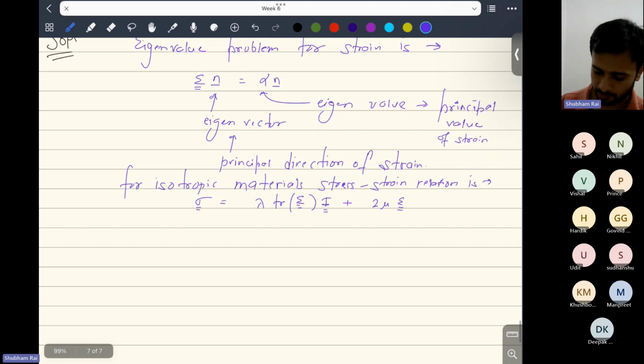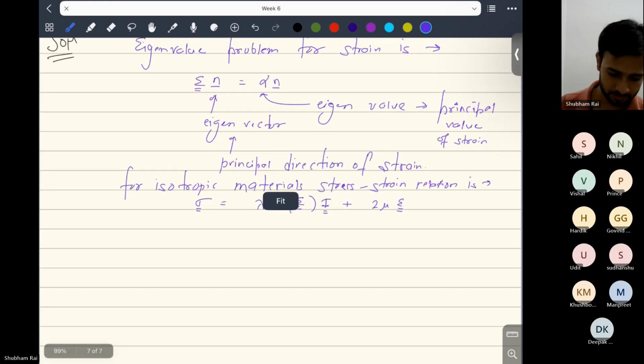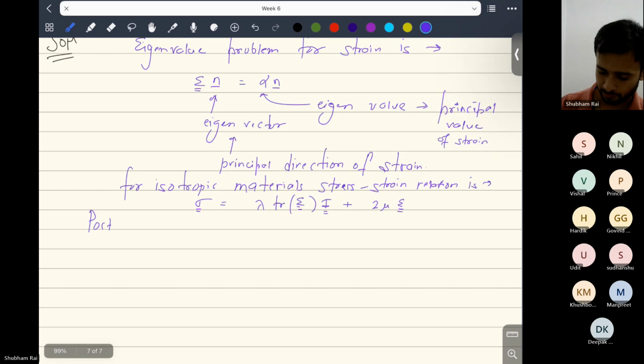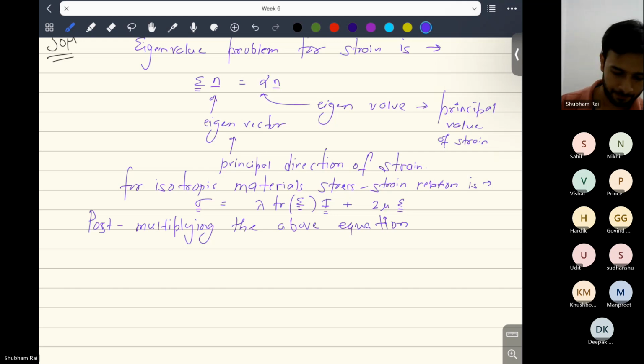So what you have to do is, since you want to solve an eigenvalue problem, you need to multiply with the principal direction, that is the eigenvector. So I'm just post multiplying the above equation with the principal strain normal.